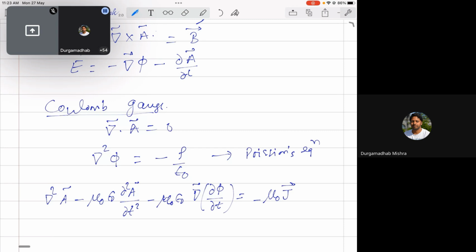The second equation is still a bit complicated, but this is how the Coulomb gauge can simplify the electromagnetic wave equations in terms of scalar potential and vector potential.